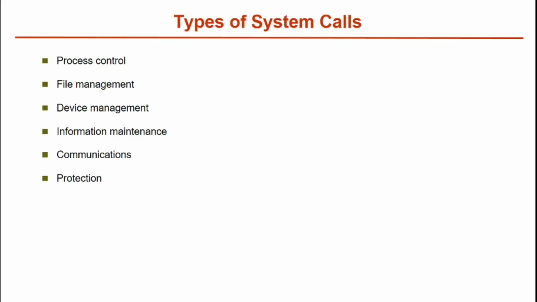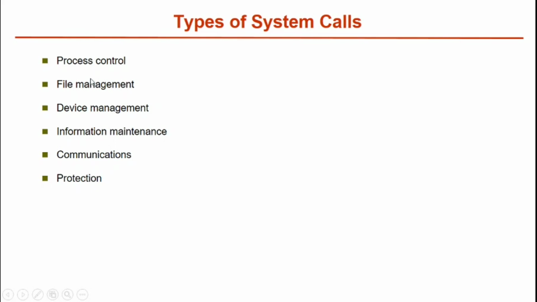In the types of system calls, you have process control, file management, device management, information maintenance, communication, and protection. These are the 6 types of system calls we will study in the Galvin textbook, that is the prescribed textbook for your BTU syllabus.